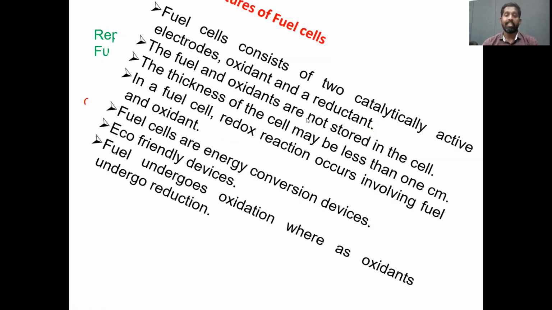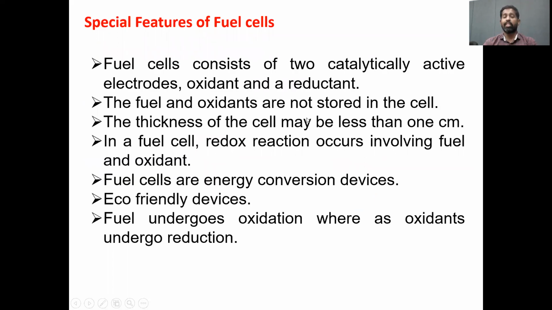What are some of the special features of fuel cells? Already I have told. For the reactions to happen, we need two catalytically active electrodes. We need an oxidant and a reductant. Importantly, the fuel and oxidants are not stored in the cell. It's very compact.